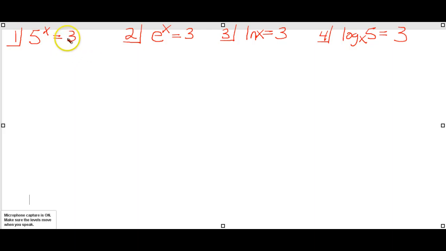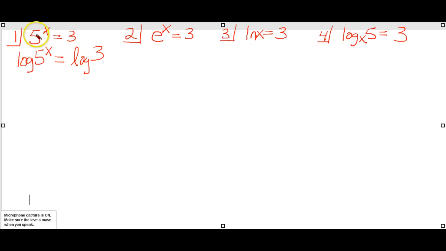So we'll do these. So here we see it's in its exponential form, and we said the way to solve this was to put it in its logarithmic form. So we then went log of 5 to the x power equals the log of 3.